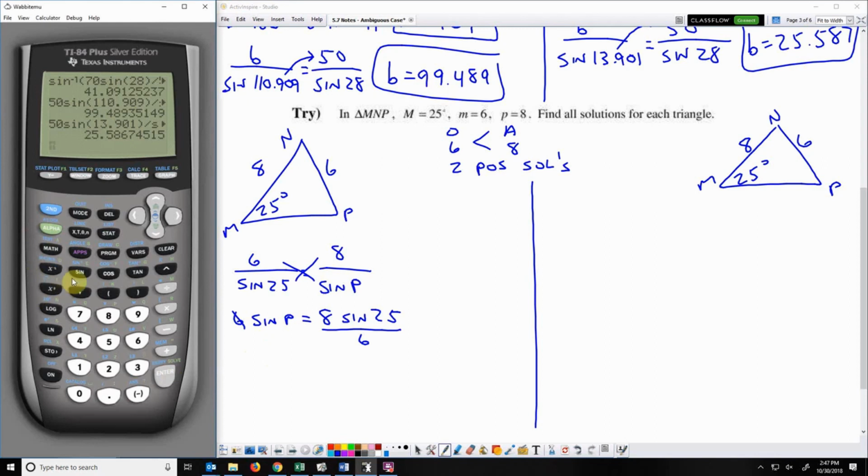So second sine, 8 sine 25 over 6. So I get an angle of 34.298. So angle P is 34.298 degrees.